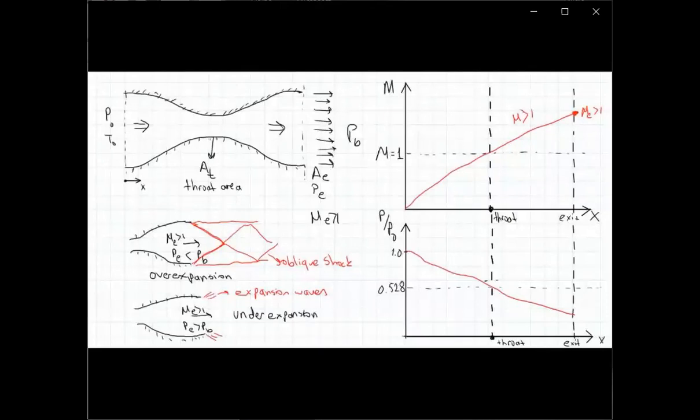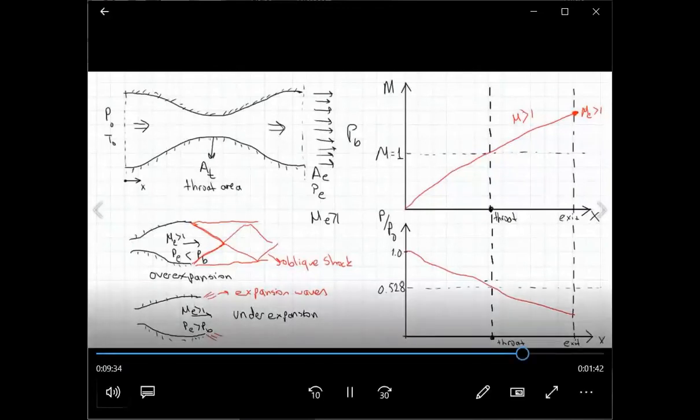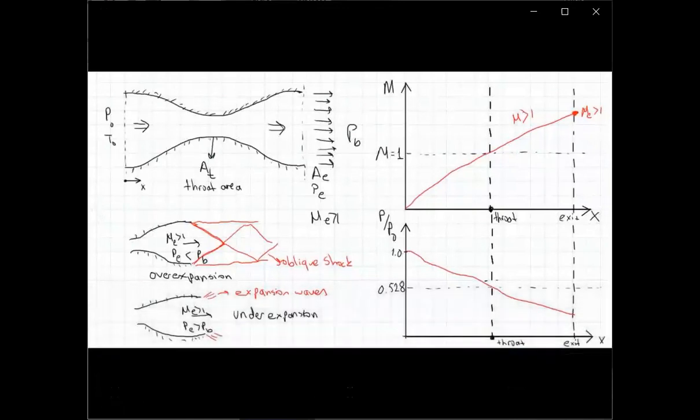Of course, when the ideal case happens, meaning that we have a perfectly expanded nozzle, then there will not be any shock waves outside, there will not be any expansion waves outside. So in this case, we will have a nice and uniform stream. Let's do a little sketch over here.